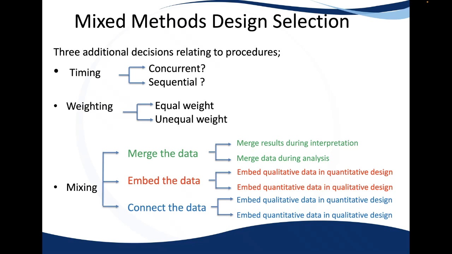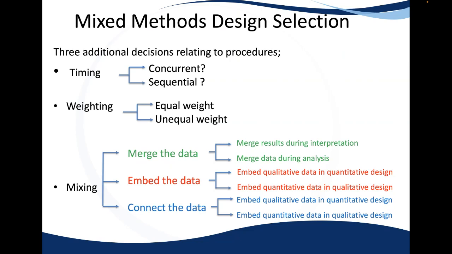So we said the first decision that determines whether something you're doing is mixed methods research or not is the question you are trying to answer. Does it require an objective and a subjective philosophical stance for you to understand the full range of dimensions that are involved in it? Then the second thing is, when it comes to the mixing of the methods, what is the timing that occurs?